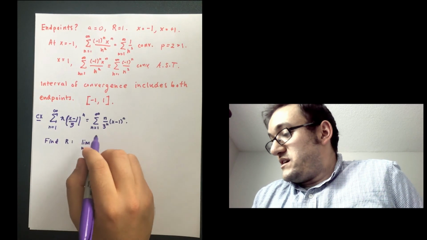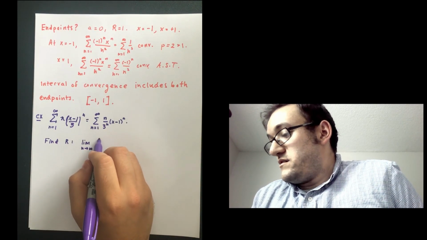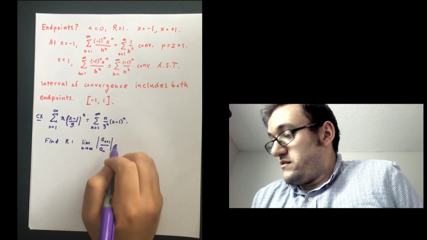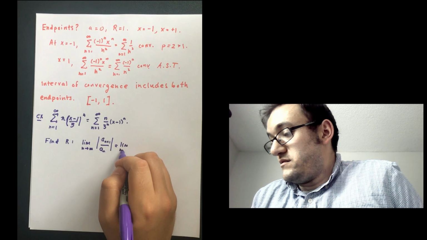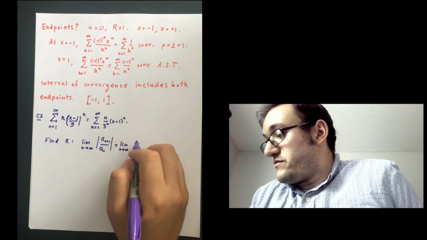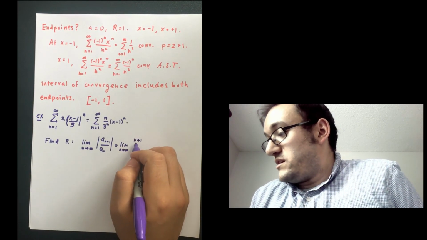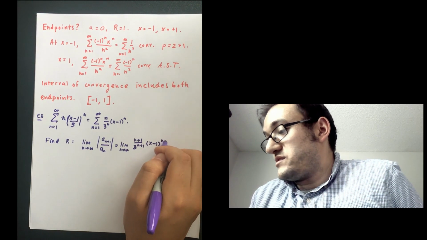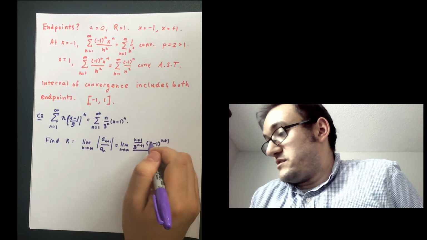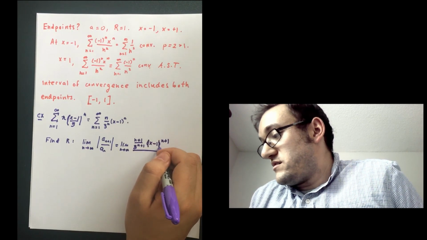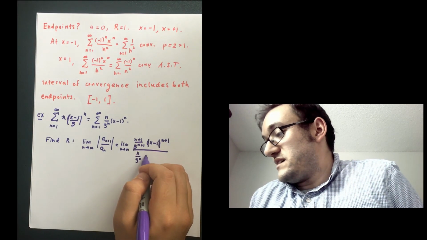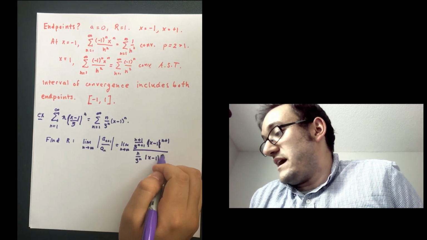The limit as n goes to infinity of the absolute value of a sub n plus 1 over a sub n equals the limit of n plus 1 divided by 3 to the n plus 1 times x minus 1 to the n plus 1, and I should put absolute value bars here, divided by n over 3 to the n times the absolute value of x minus 1 to the n.